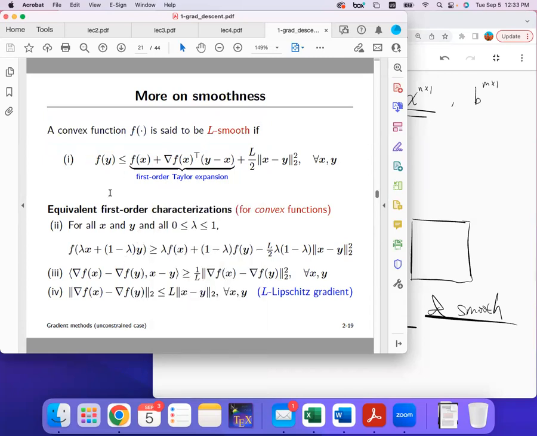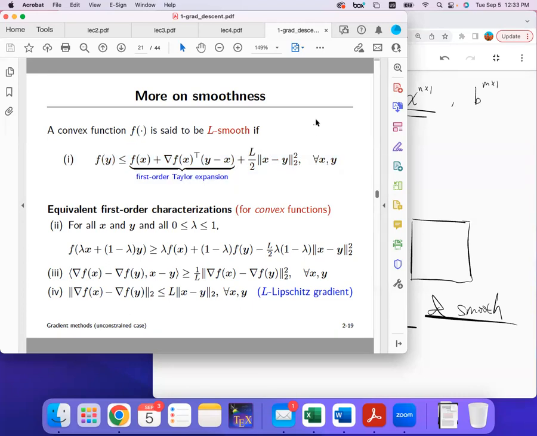They are equivalent. The first one is frequently used. It says that if you pick any 2 points, x and y, this inequality holds. The left-hand side is at 1 point, and the right-hand side is a first-order Taylor expansion plus a quadratic term.